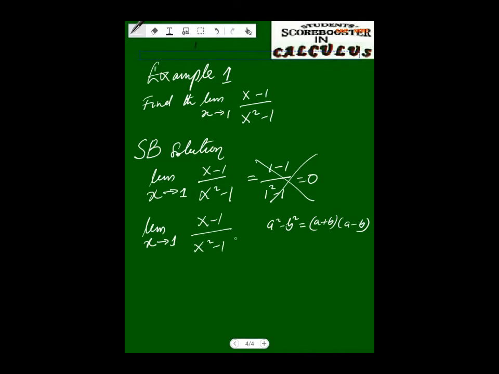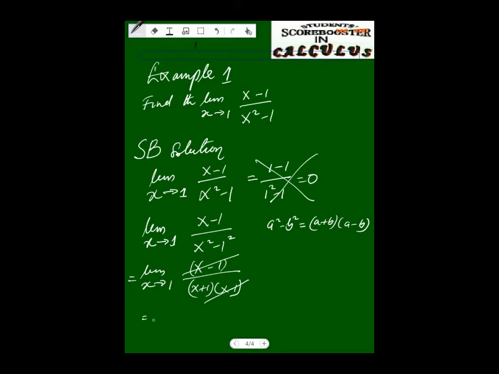So you're going to make 1 here to be squared. You're going to have limit x tends to 1 of x minus 1 over x plus 1 times x minus 1. Looking at this now, you see that x minus 1 cancels x minus 1.